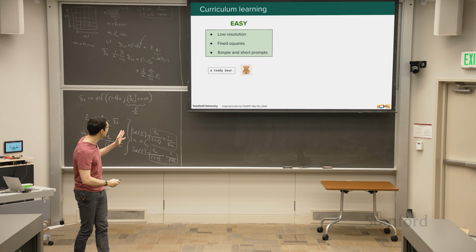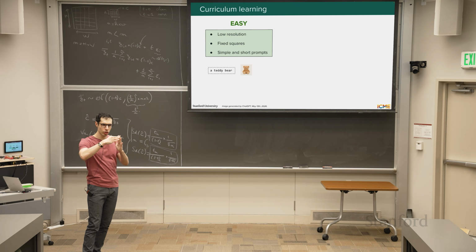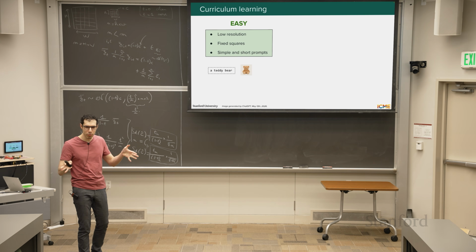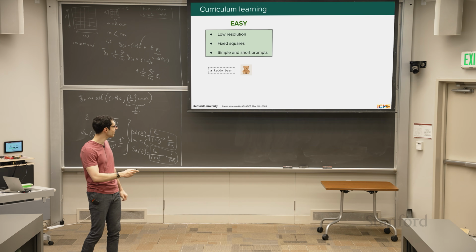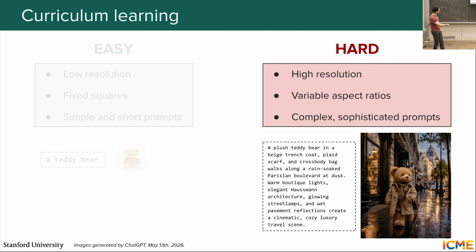By easy, I mean low resolution images with a very easy aspect ratio, so fixed square, you can think of that. And the input text is simple and short, for instance, a teddy bear. The hard part is if you want to predict something of high resolution, different aspect ratios, not a square anymore, and then your prompt can be much more complicated, such as the one on the slide.